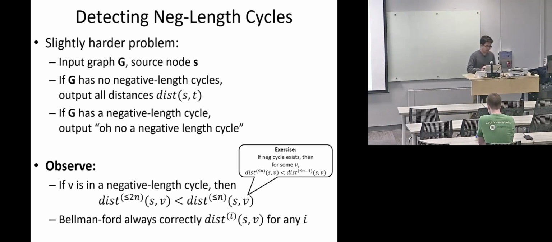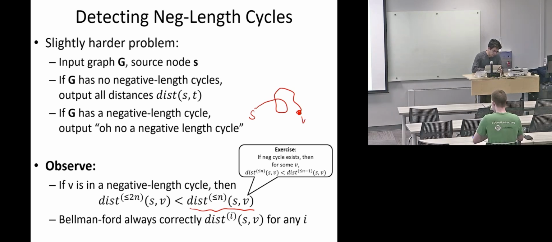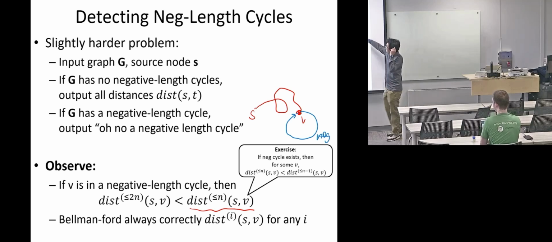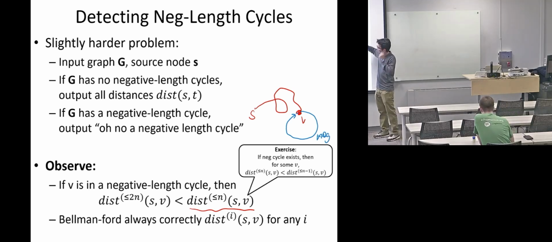The distance at most n hop from S to V can look like anything, but if V is in a negative length cycle, then you could always take another loop through the cycle and get a smaller distance.